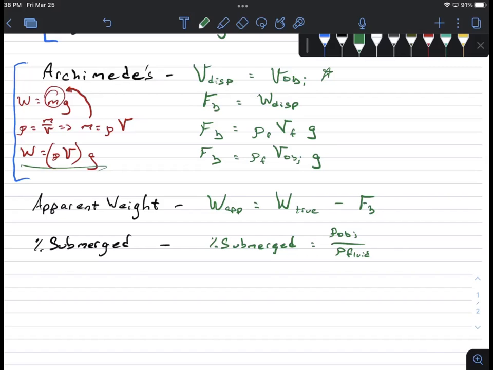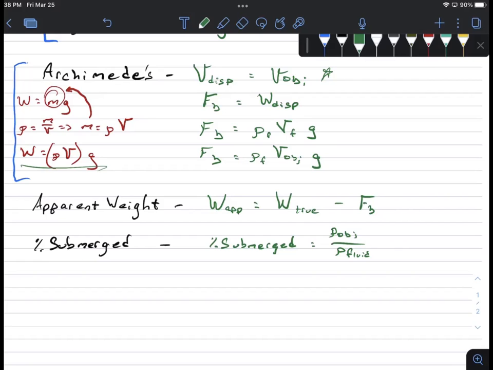Because if we don't use this equation, how else would you calculate the density? Well, you need the mass of the object and the volume of the object. Remember, density is mass over volume. Maybe it's okay to calculate the mass; you actually weigh the ship.